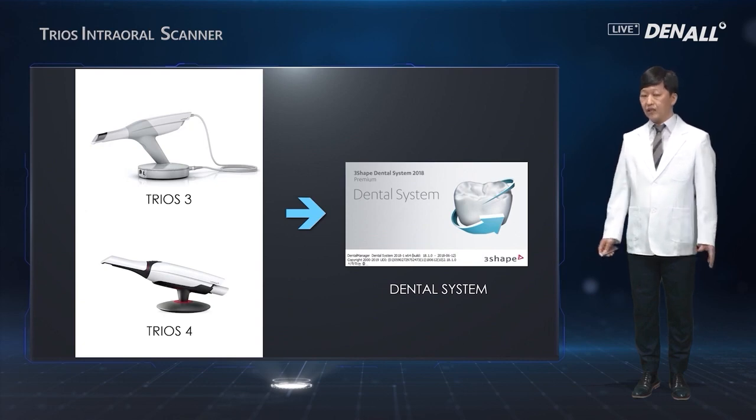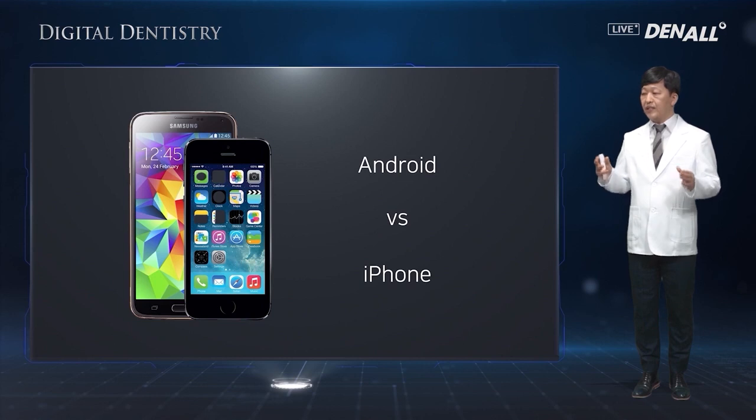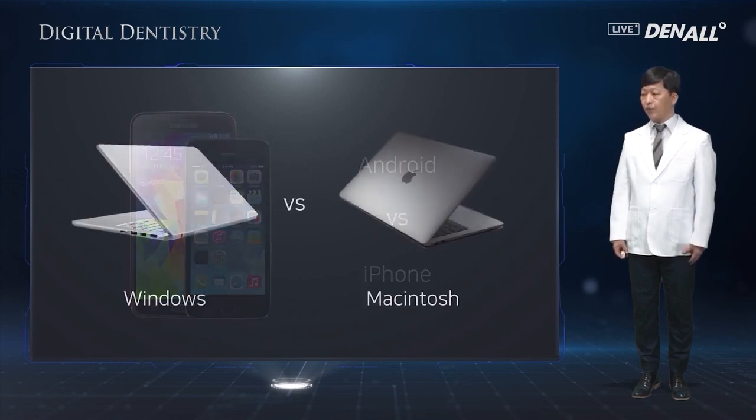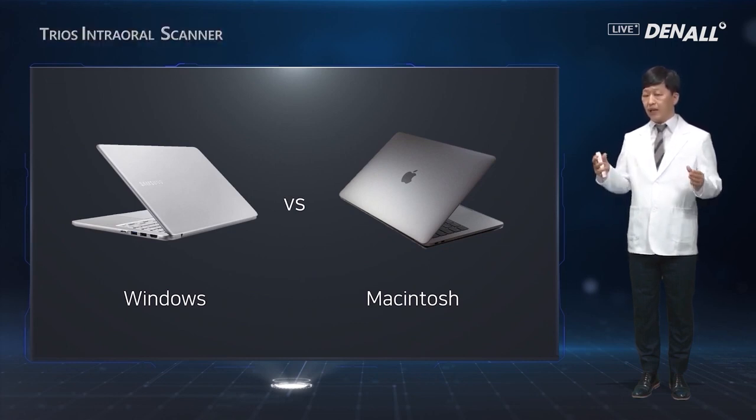The analogy can be Android phone versus iPhone. You would understand the difference between those two. Likewise, a PC based on Windows and the Apple computer based on Macintosh can be the difference between those two.